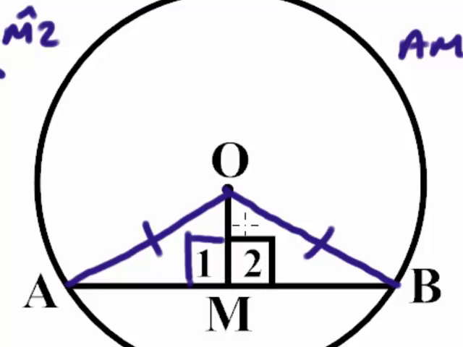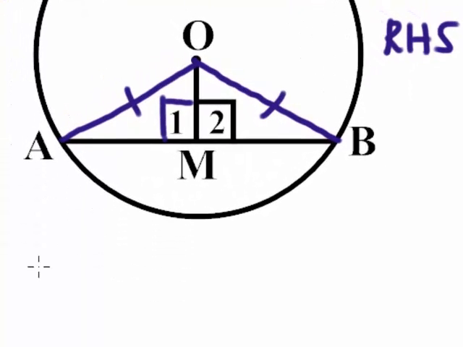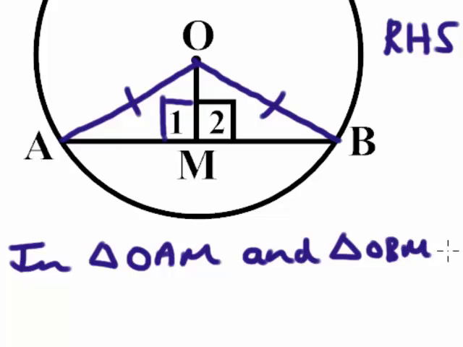Now that is very interesting because in these two triangles you've got the hypotenuses being equal, the right angles being equal, and you have a common side. So it looks like it's a case of RHS, right angle hypotenuse side. So let's go ahead and prove them congruent. In triangle OAM and triangle OBM, what do we know?